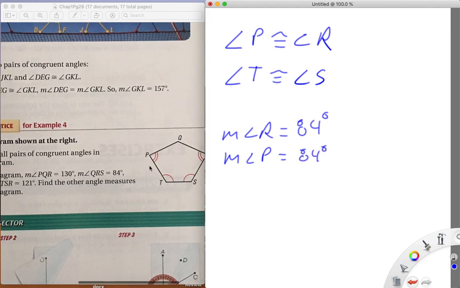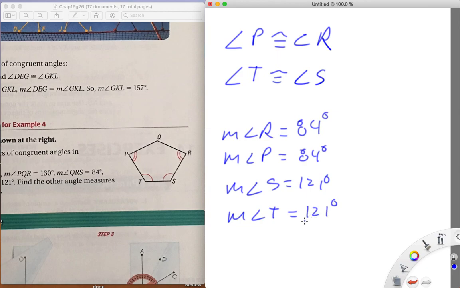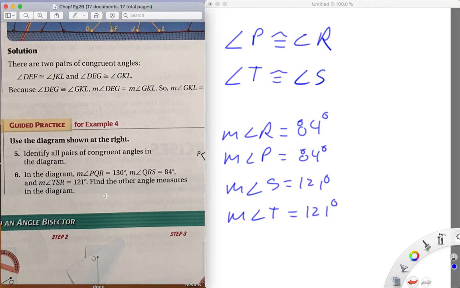They give me angle TSR, which is angle S, is 121 degrees. So if the measurement of angle S is 121 degrees, then I know the measurement of angle T is also 121 degrees, because they're congruent to each other based off of the diagram.